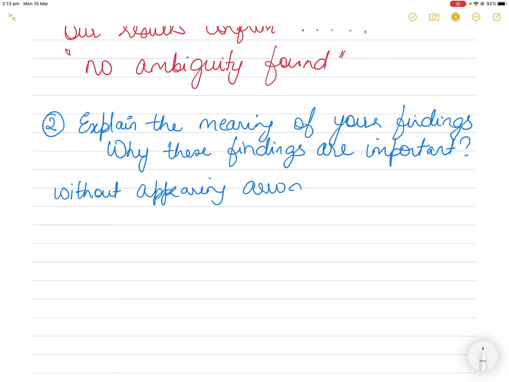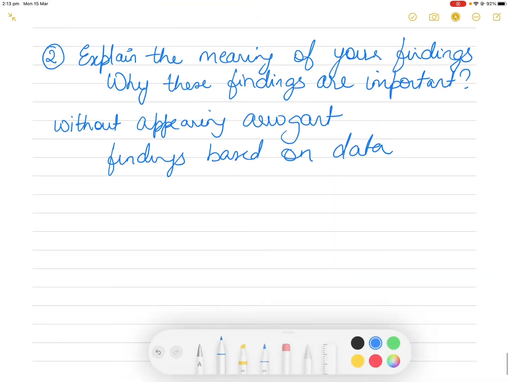It's not your arrogance. Your findings are based on your data, and it's your data that's confirming your findings. So that is what you have to highlight. So you have to be very scientific about it, very objective about it. All right, so even the smallest to the biggest, make sure you highlight your findings.